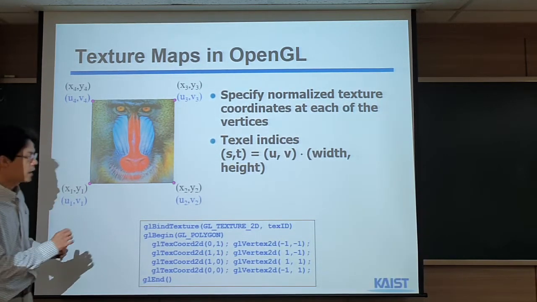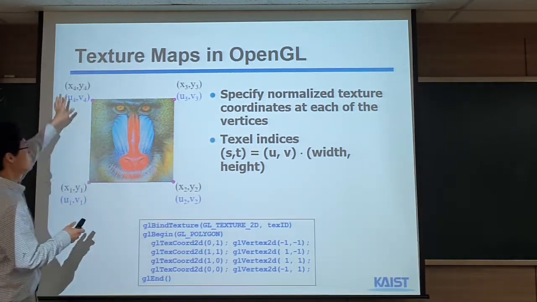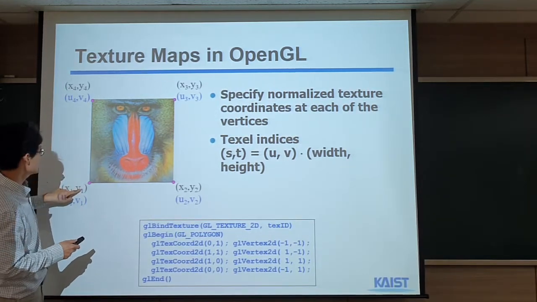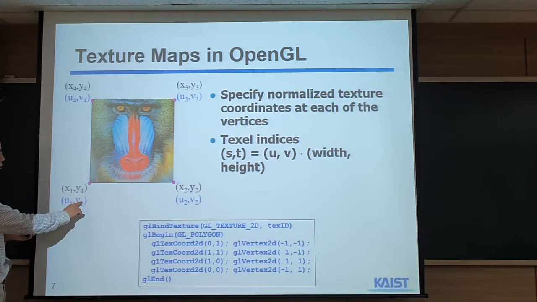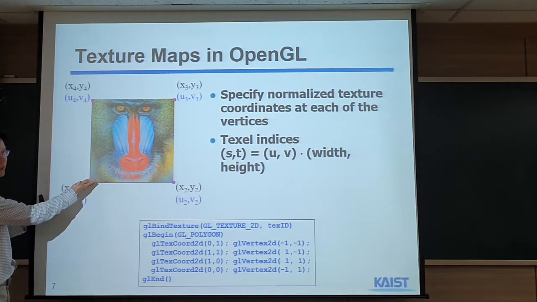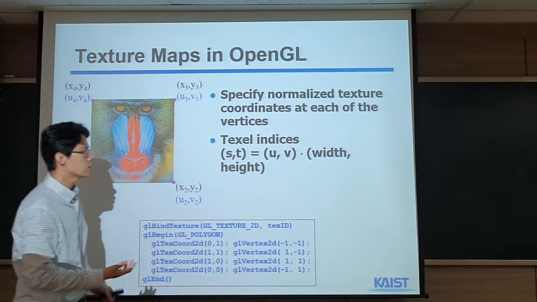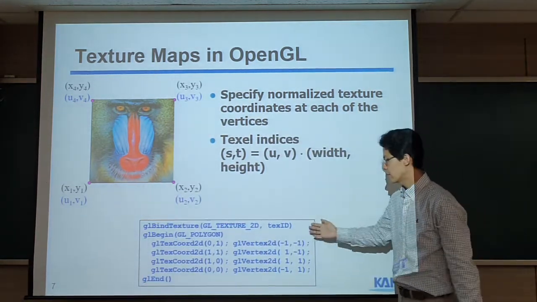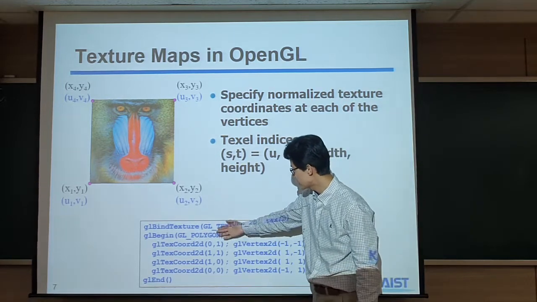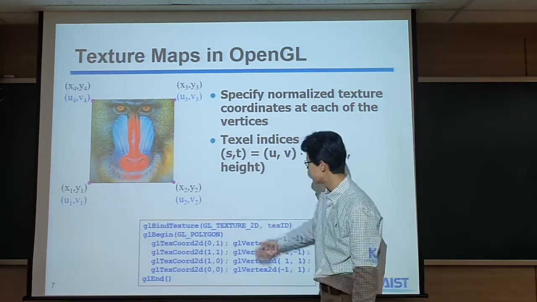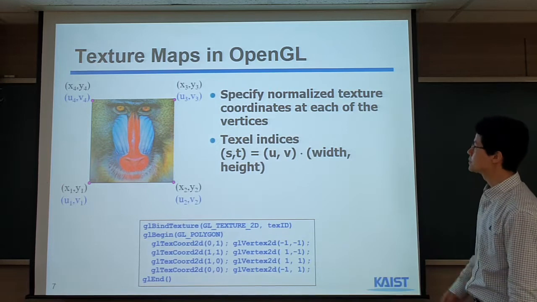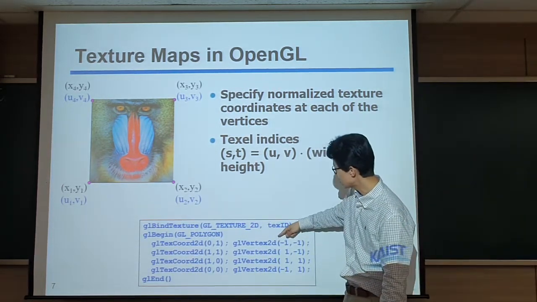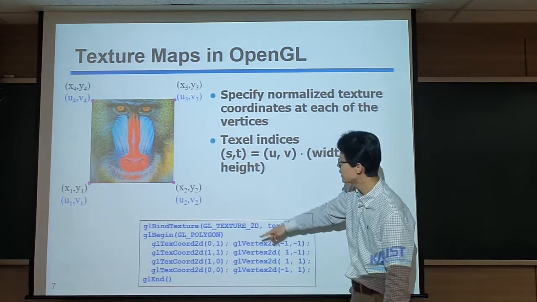So I associate, conceptually, for each vertex location, a texture coordinate as well. The texture coordinate usually spans from 0 to 1, 0 to 1, which is why I used values from 0 to 1 here. As you can see, for each vertex we link a texture coordinate.